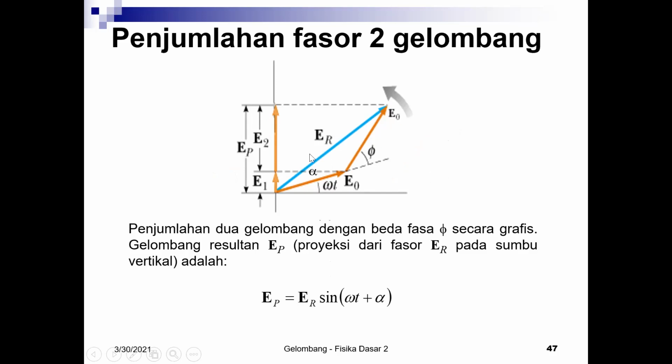This ER is the maximum amplitude of the resultant wave, EP. This phi here is the phase difference. So we write the resultant wave as EP equals ER times sin(omega t plus alpha).